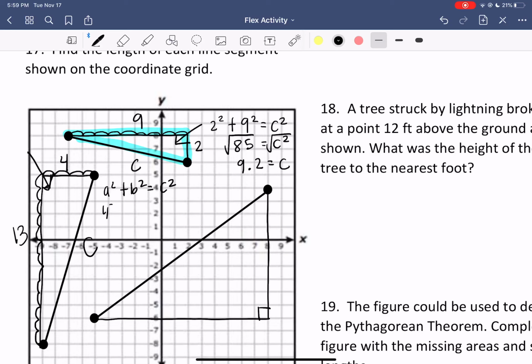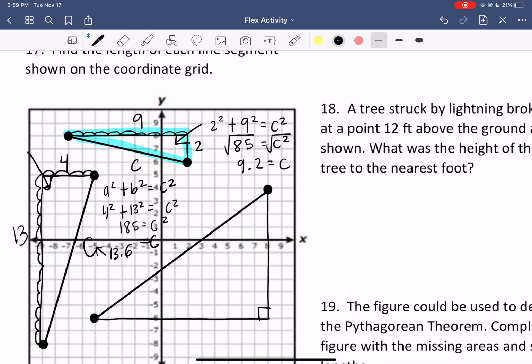So we have 4 squared plus 13 squared equals c squared. So 4 squared plus 13 squared, we get 185 equals c squared. And then we're going to take the square root of both sides, and we get c equals 13.6. And that is that one there.